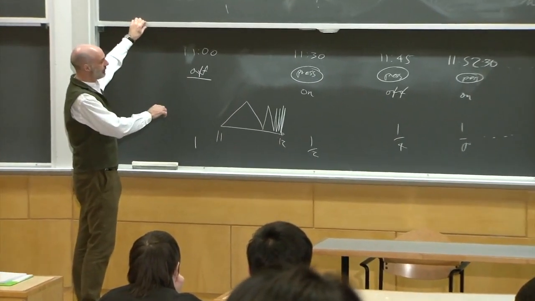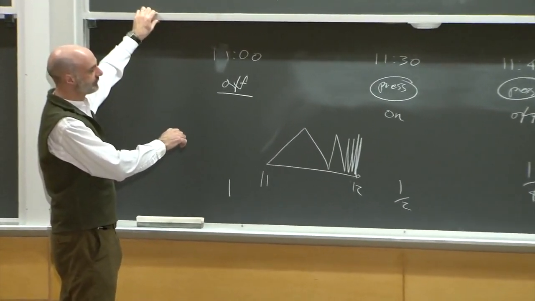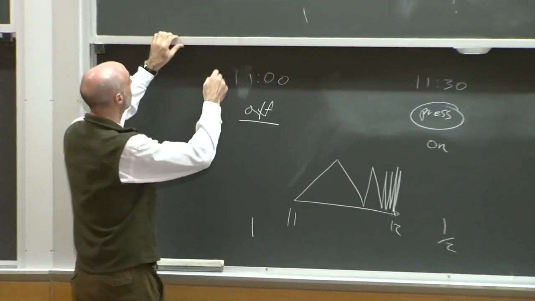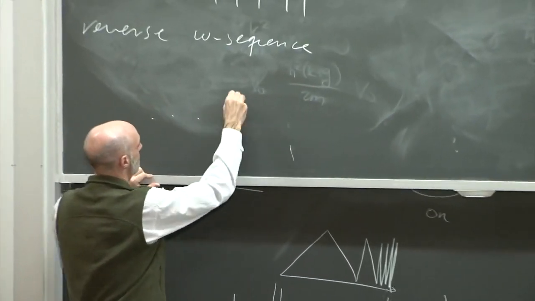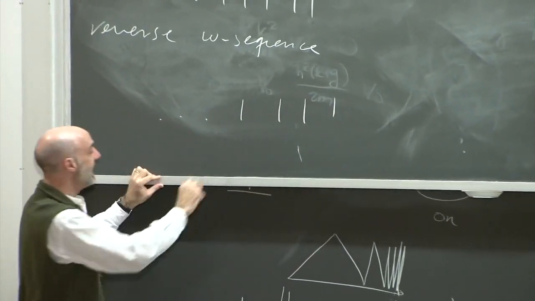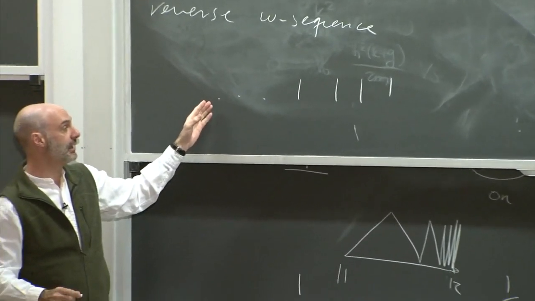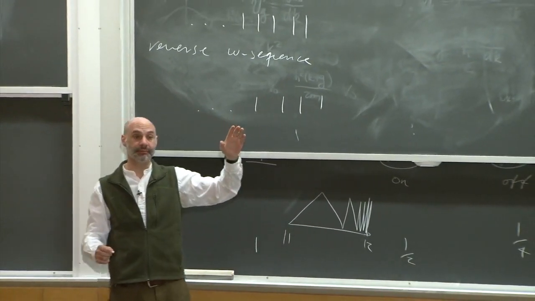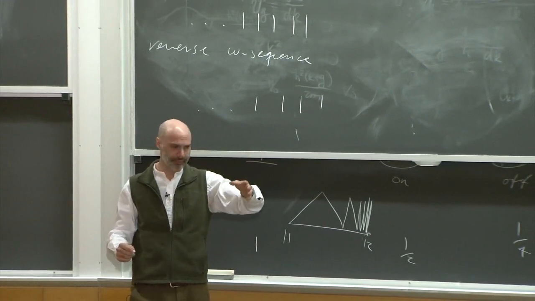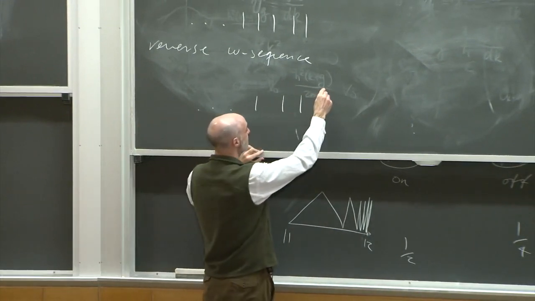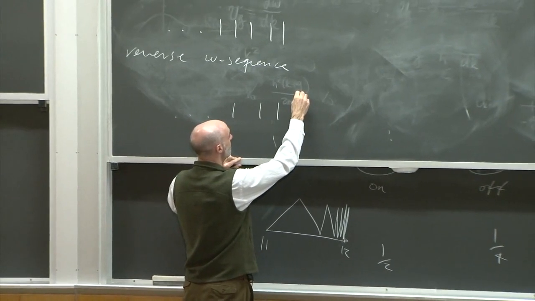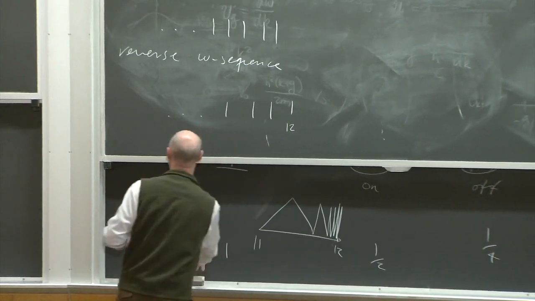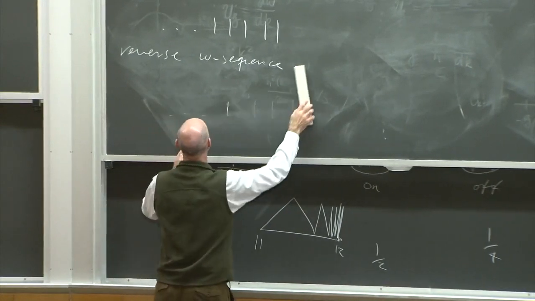So here's our warm-up case. Suppose that instead of states of the lamp, you just have a bunch of different people. There are infinitely many, and they're arranged like a reverse omega sequence. They each have to say yes or no, and the last person in the sequence is going to say yes or no at noon. In fact, let me draw this in a more helpful way.